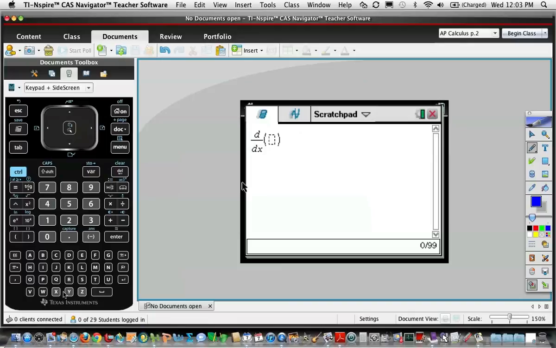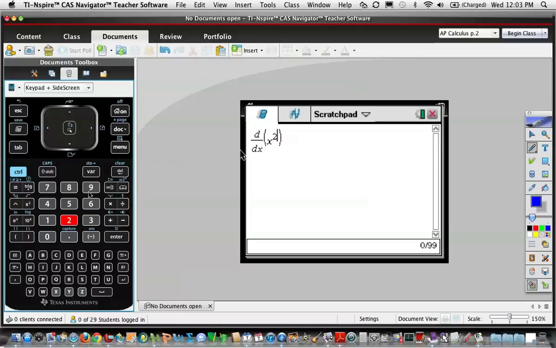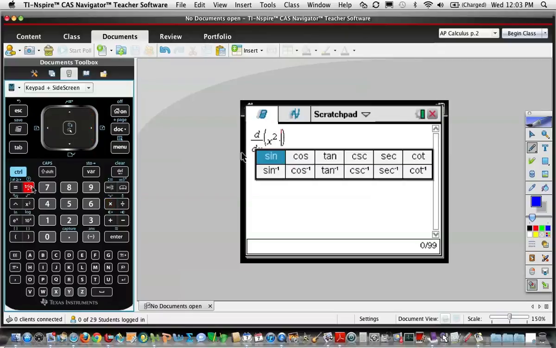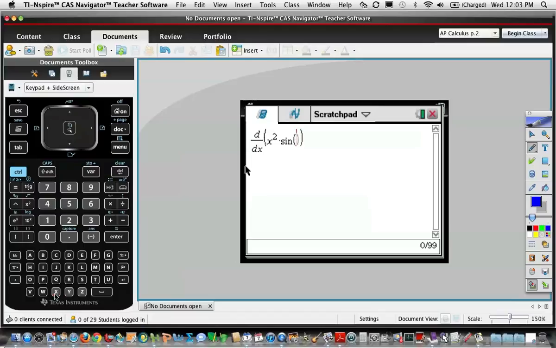Let's put x squared, gotta hit my right arrow, times sine x. Okay? That's two functions multiplied together.